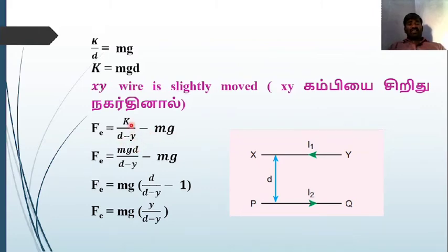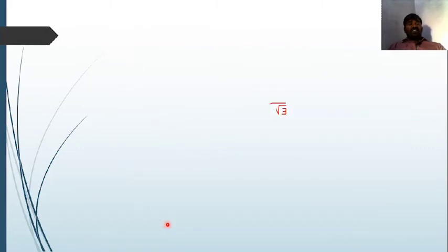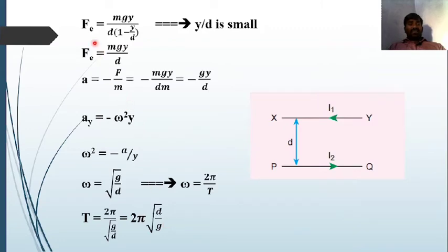Here we rewrite these equations, plugging in the value of K. After that we get F is equal to mg into Y upon D minus Y. Then we write F is equal to mgY upon D, taking D commonly outside, 1 minus Y by D. Here Y by D is very small, so it should be neglected. Then F is equal to mgY upon D.